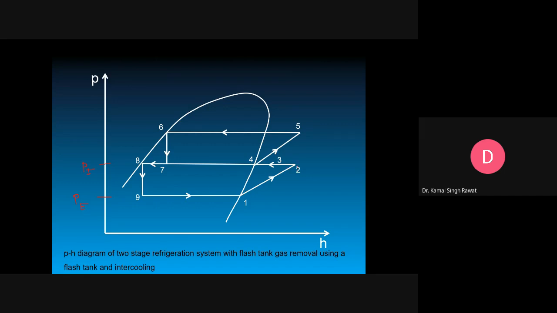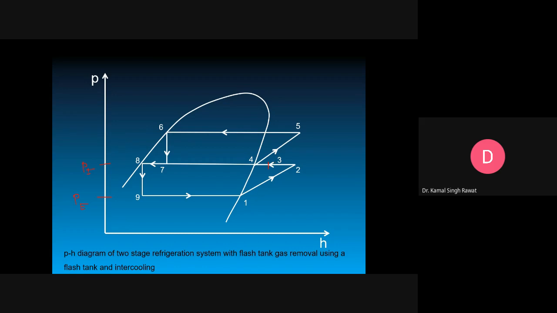Now, this vapor is cooled down in the water intercooler with the help of water in an isobaric heat rejection process. So in this process, the pressure remains constant and the superheated vapor removes its heat. So 2 to 3 is isobaric heat rejection in the water intercooler.